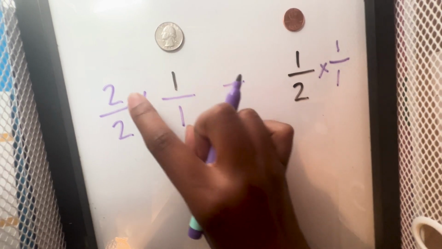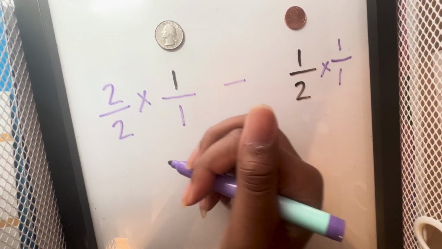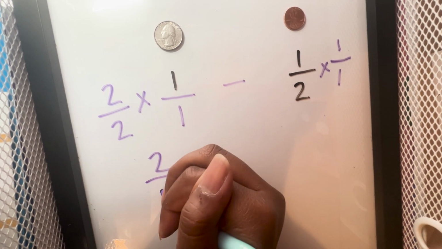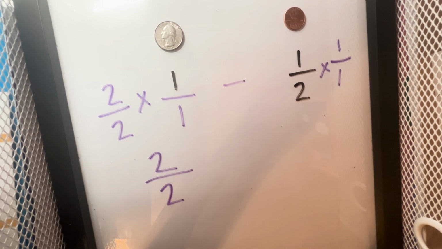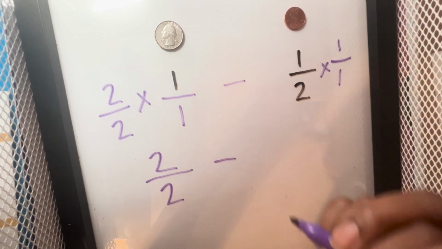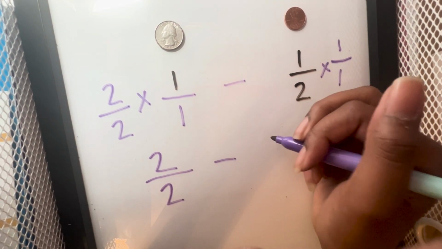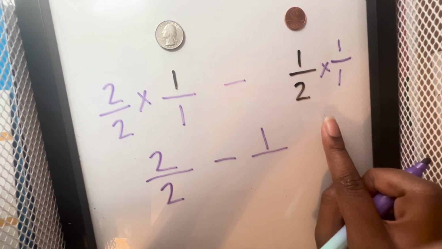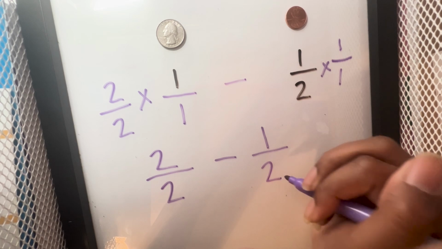So after multiplying the top and bottom, 2 times 1 is 2, and that is the same for the bottom part. And then on this other side, we have 1 times 1, which is equal to 1. 2 times 1 is equal to 2.